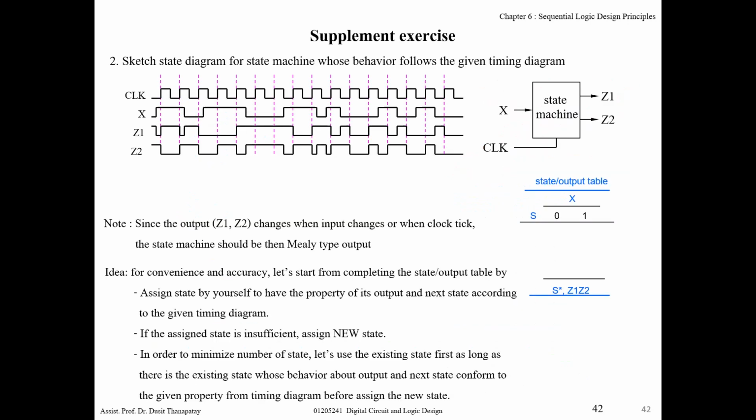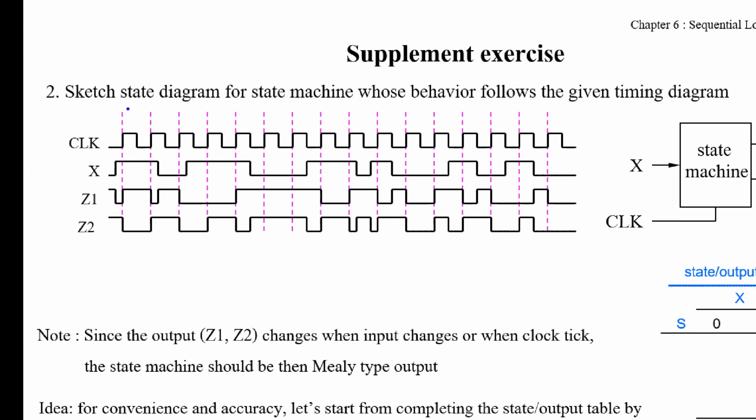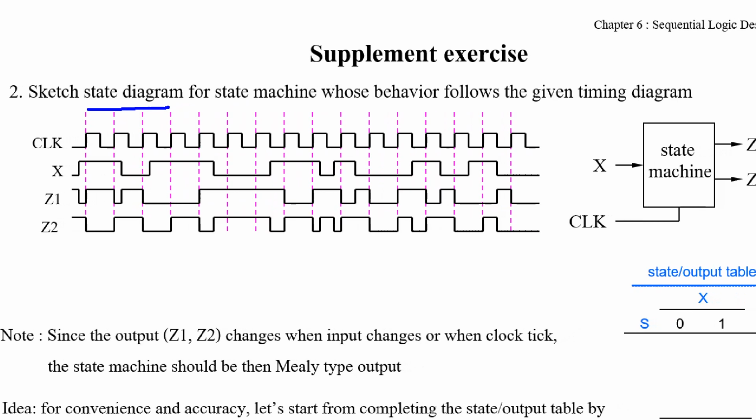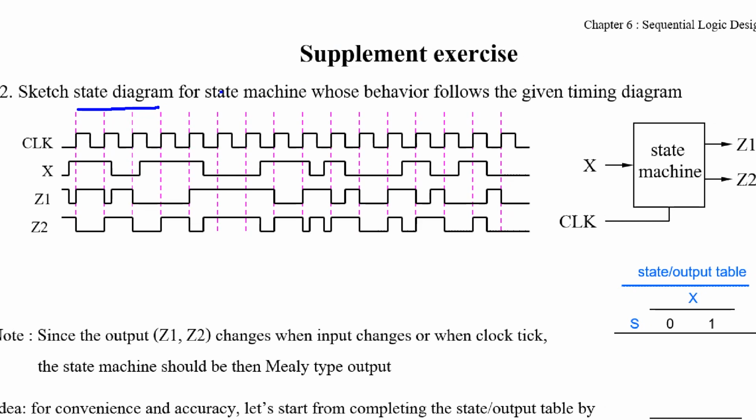Okay, next example. This example lets you sketch a state diagram for a state machine whose behavior follows this given timing diagram.